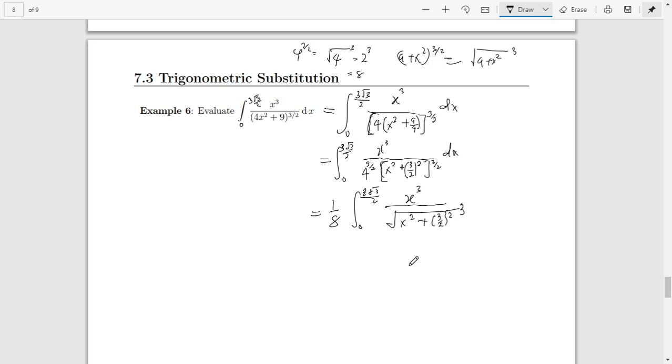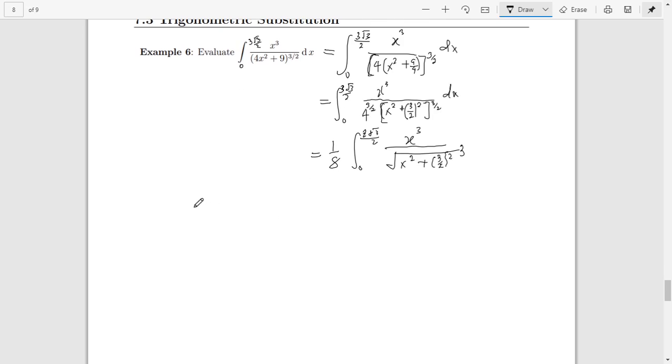Now this looks like an expression that I have seen before, and I'm going to make the substitution, letting x be equal to 3 over 2 tangent of theta, because we have x squared plus something squared. Now we find what dx is and what the expression under the radical sign simplifies to.